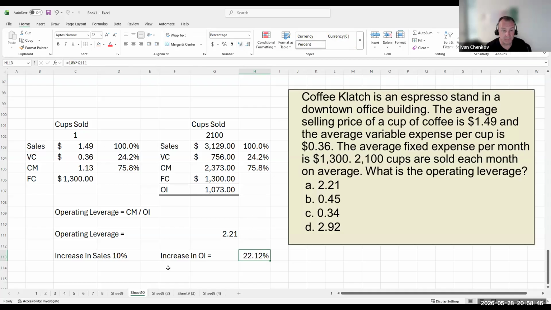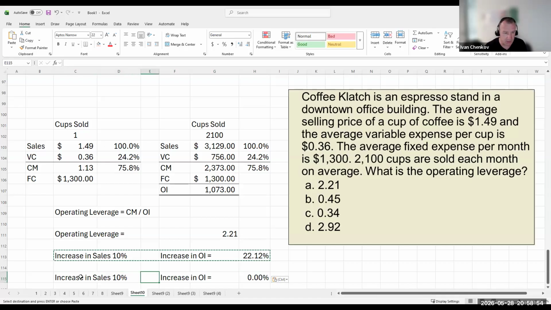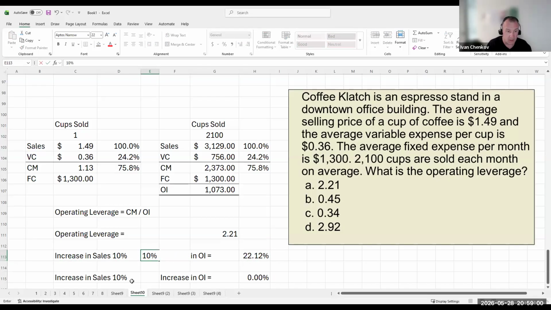That's what it means. If the increase in operating income is 20%, maybe I should put here the increase in sales, let's put 10%, and then just use the formula rather than overriding, and that's going to help me to increase 10%. It's going to be equal to 10% times 221.